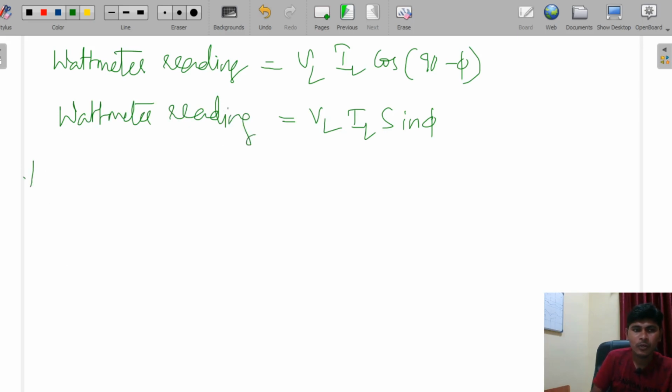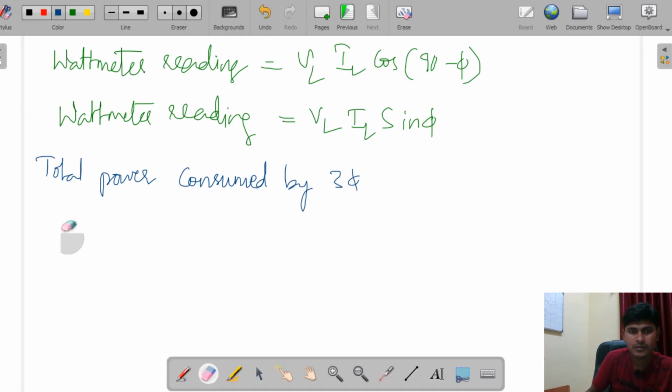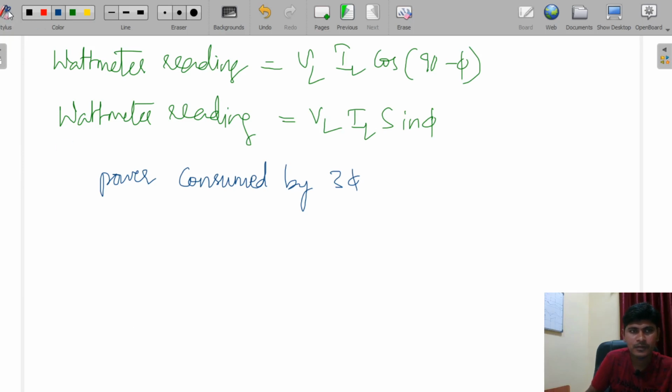Now the total power consumed by the three-phase load, this is the total reactive power.